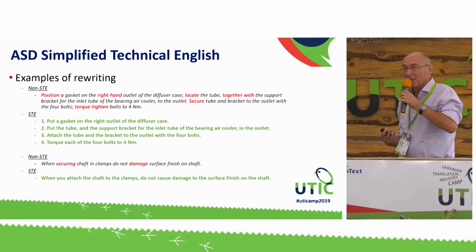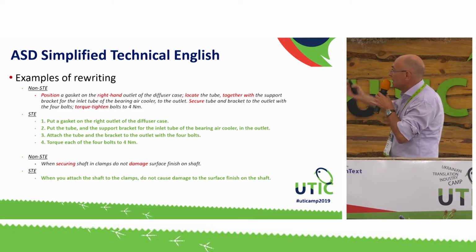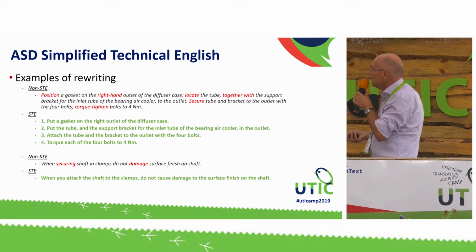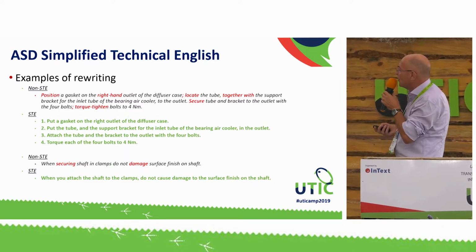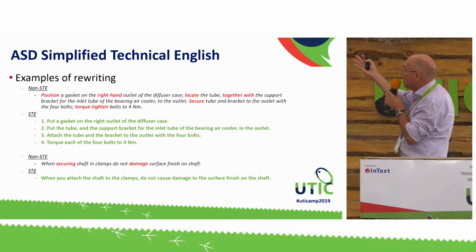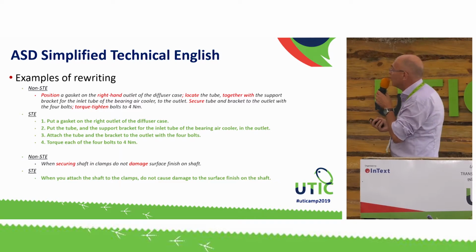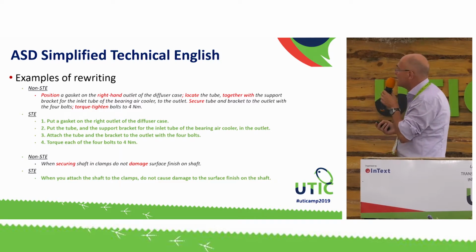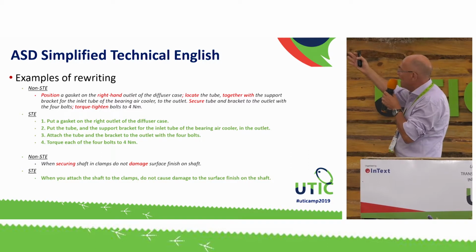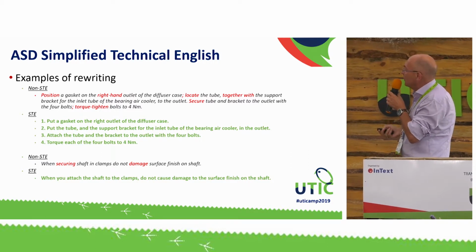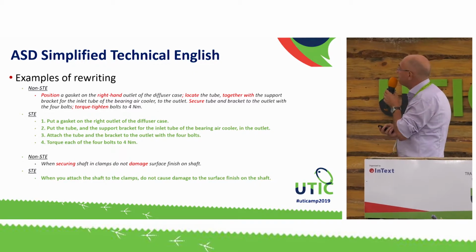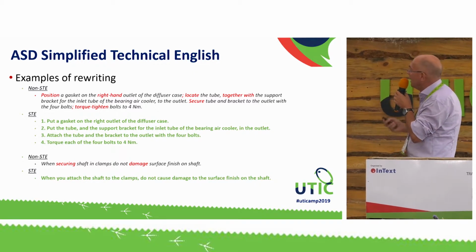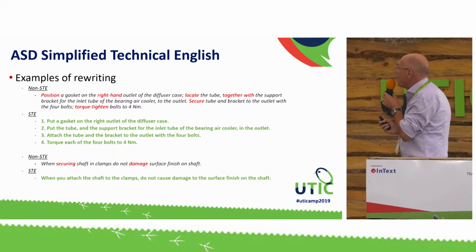Into steps, working steps, and you can see the rewriting in Simplified Technical English consists of 4 steps, in which we have: put a gasket on the right outlet of the diffuser case. In this case, I have replaced the not approved word position with put, and I removed right-hand with right.